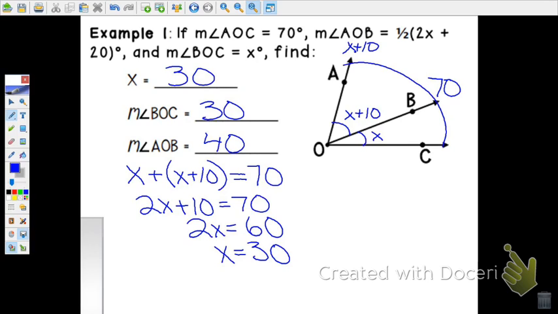And then again, you should check your work. 30 plus 40 does equal 70. Take that time to check. Again, on yesterday's quiz, some of you would have known you made a silly mistake if you were checking your work. So you need to get into that habit of checking your work. Same thought process as what we had with the segment addition postulate.